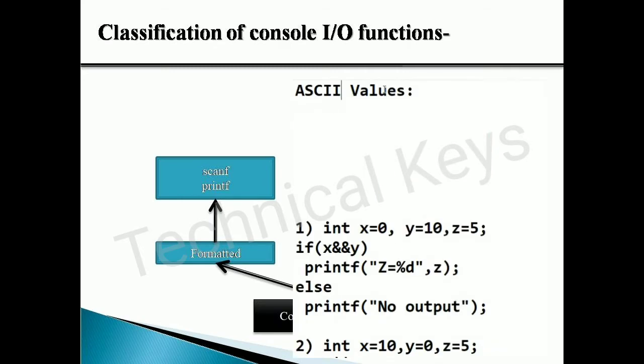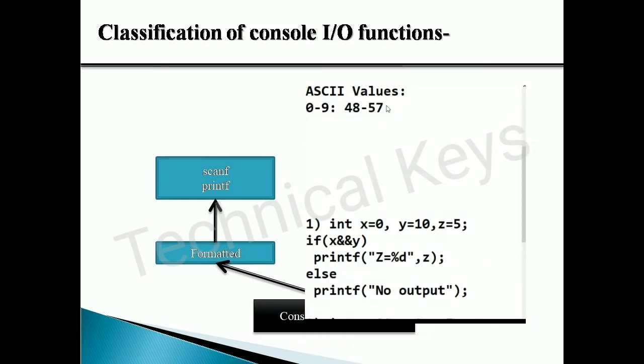Now, what the actual conversion is: if I need to use the numbers from 0 to 9, because I understand only 0 to 9, these will be converted into ASCII values 48 to 57. Means 0 is 48, 1 is 49, 2 is 50, and it goes on till 9 as 57.